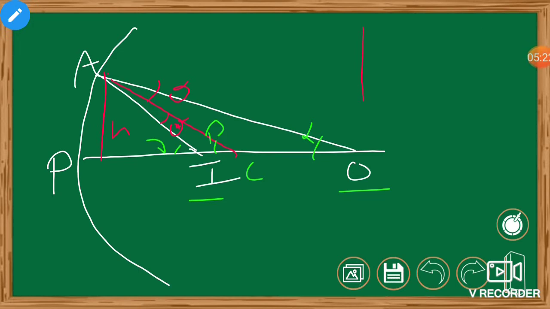So here now we can observe three right angles, that one is AOP dash. Okay, here AOP dash is one right angle, and ACP dash here.